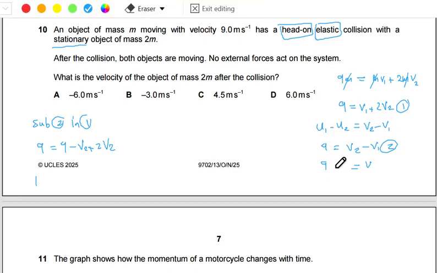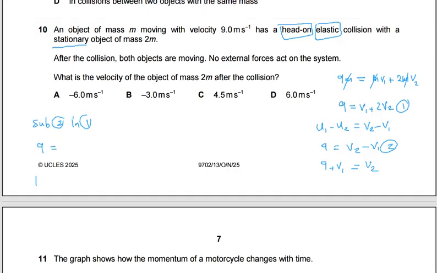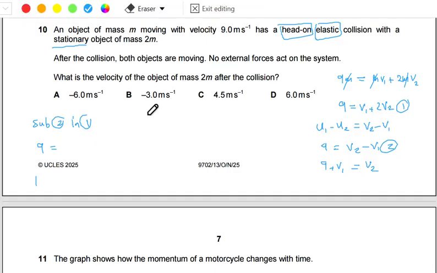v1 plus 2v2 equals 9, and here is v2 equals 9 plus v1. Then when we substitute, we have v1 plus 18 plus 2v1.